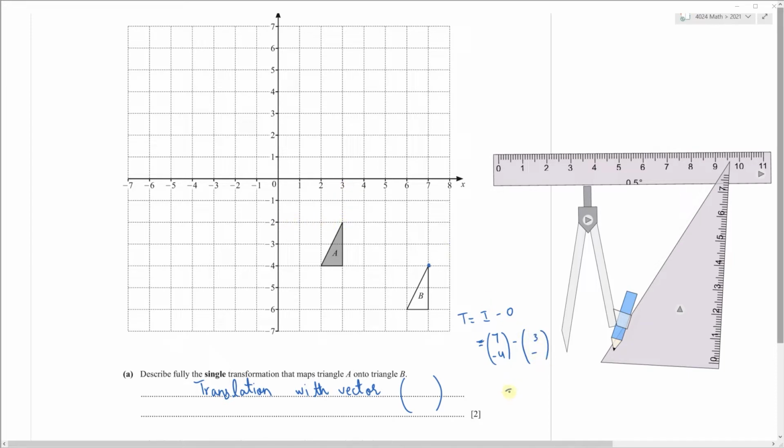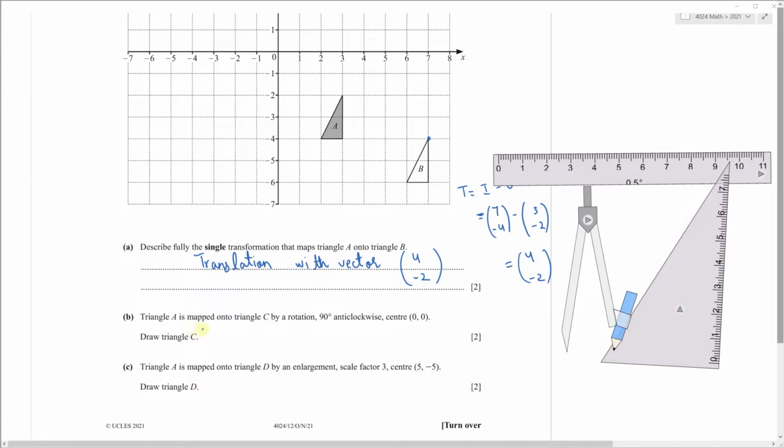So 7 minus 3 is 4, and then minus 4 minus minus 2 will become plus 2. Minus 4 plus 2 is minus 2. Or you can also see, to move from here to here, you moved 4 blocks in the positive x and 2 blocks in the negative y direction. So your translation vector is 4 and minus 2.